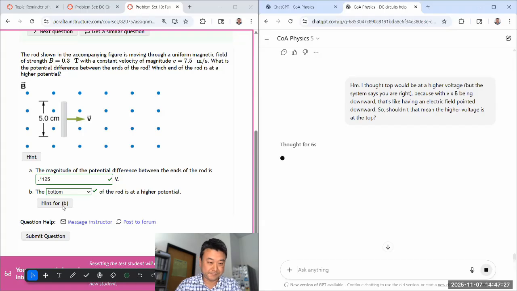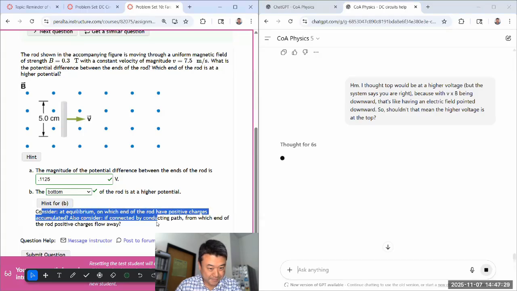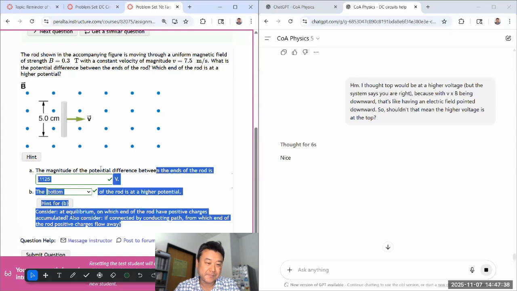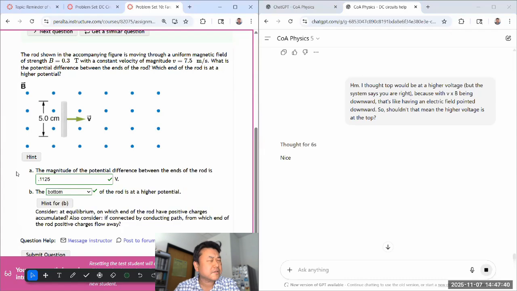But for B, I think I wrote this hint after confusing myself. At equilibrium, yeah. I don't know. I think if you watch the lectures, I tried to work out the sign of the voltage change for an inductor for a bit, and then I gave up. One of the fundamental reasons is that I'm still confused.